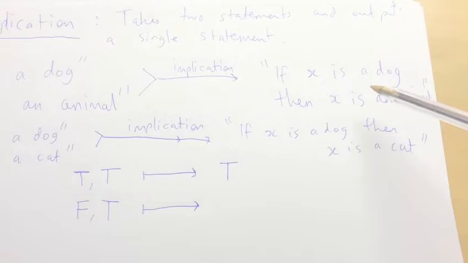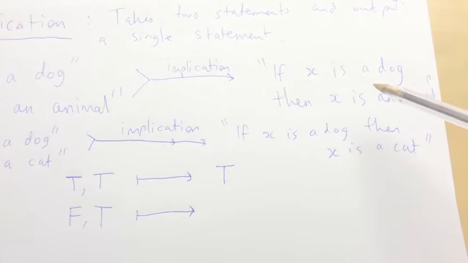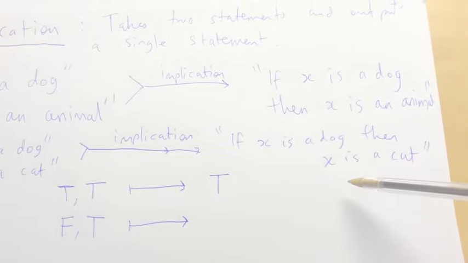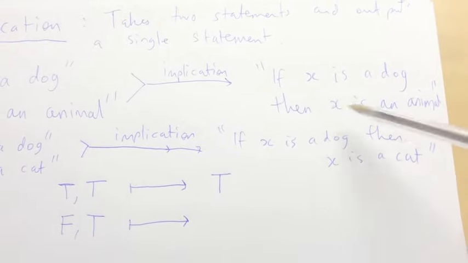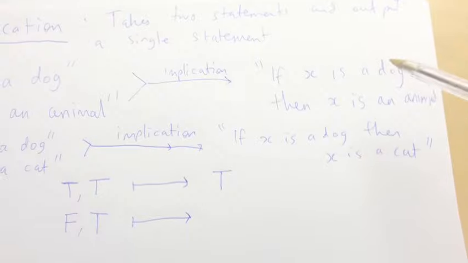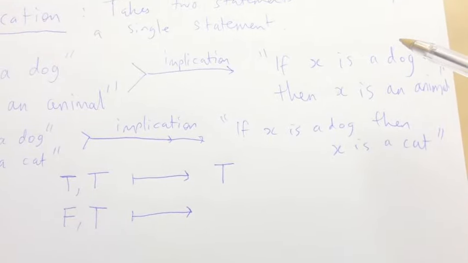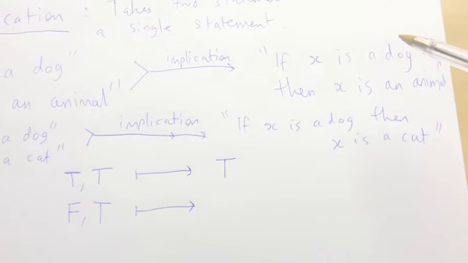But irrelevant as a true statement. It's still nonetheless a true statement. So if X is a dog, then X is an animal is a true statement for all animals. It's just particularly meaningful for dogs.